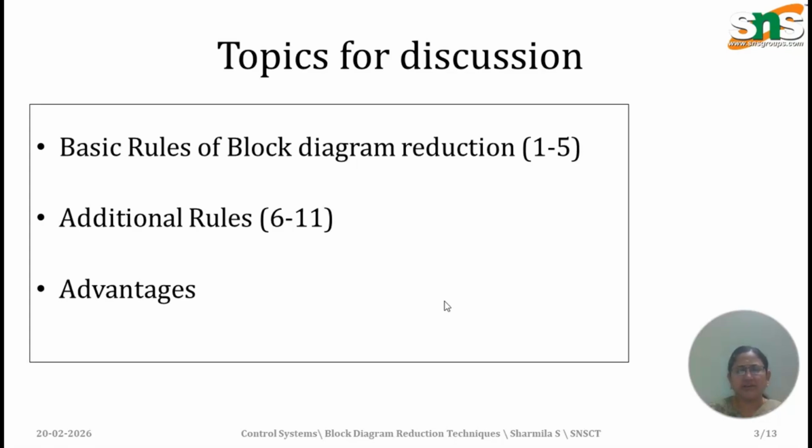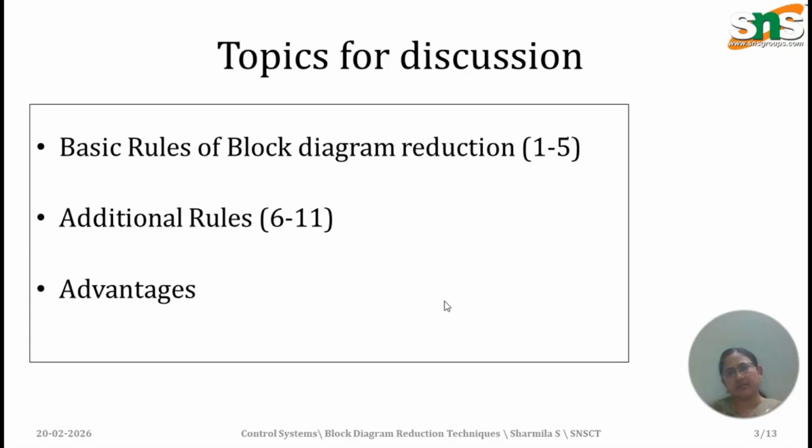When it has multiple feedback loops, many interconnected blocks and several summing points, the diagram becomes too difficult to analyze directly. That's where block diagram reduction techniques help us. The main objective of block diagram reduction is to simplify a complex block diagram into a single equivalent transfer function.